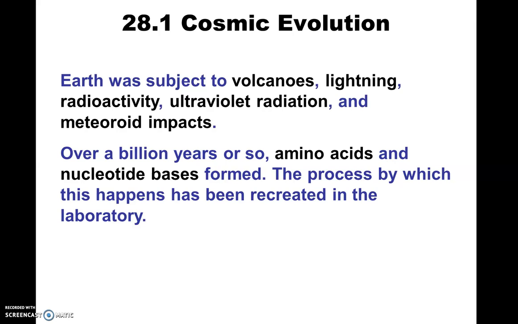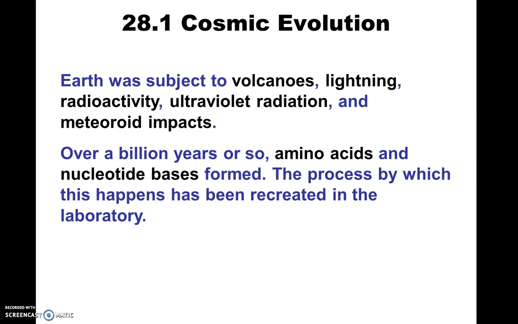All right, so over a billion years or so after the Earth forms, and we think that this really happens about 3 billion years ago or so, or at least we have evidence of life forming about 3 billion years ago. It could possibly go back a little bit more than that, but we definitely have fossilized evidence.